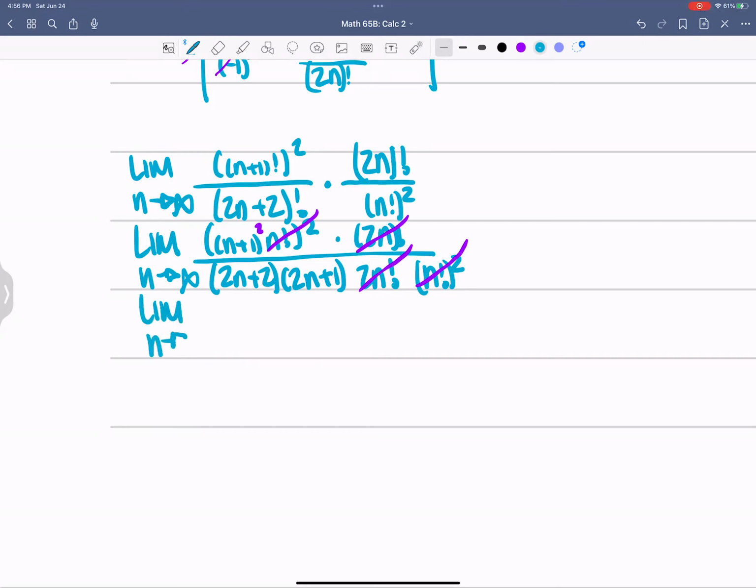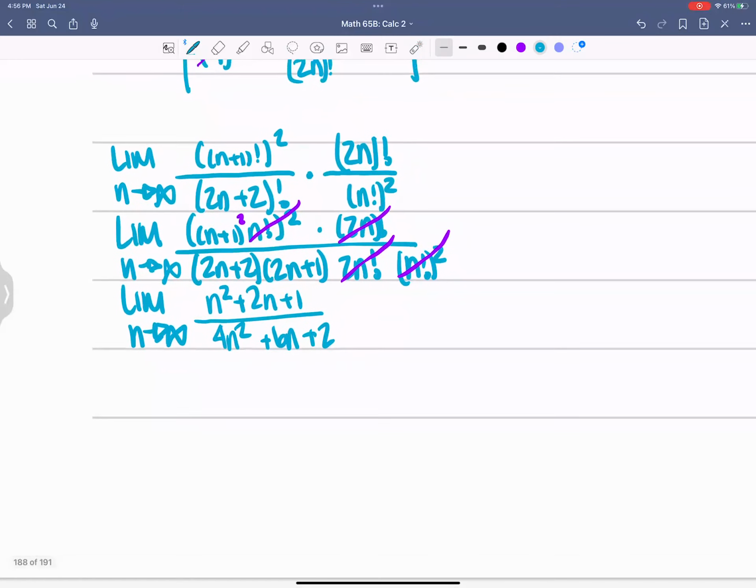Limit as n approaches infinity of, I'm expanding that, n squared plus 2n plus 1, and multiplying these two in the bottom, 4n squared. So we have 2n plus 4n is 6n, plus 6n and plus 2.